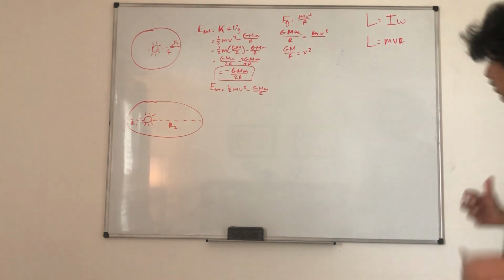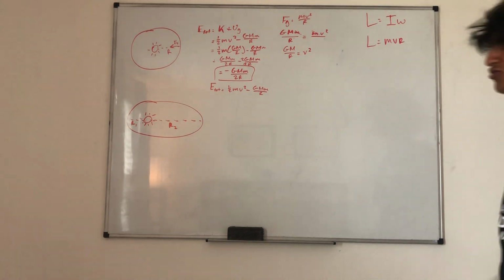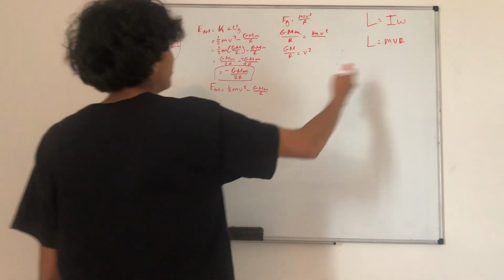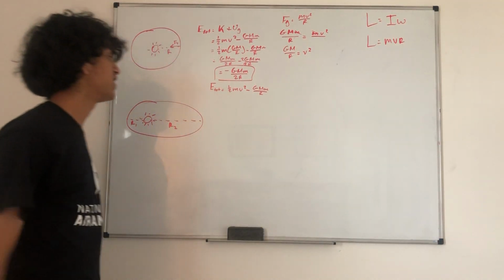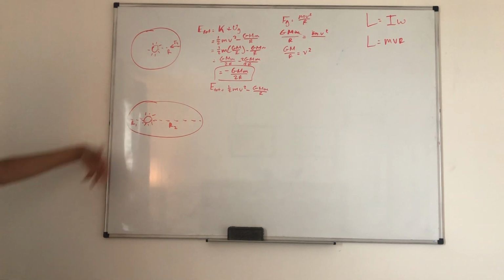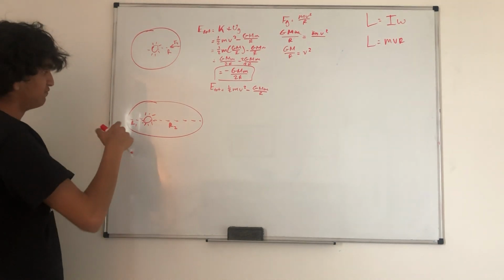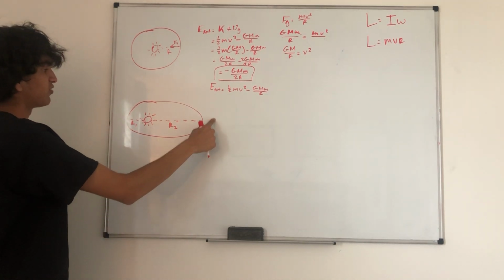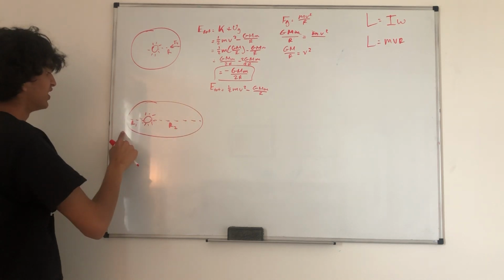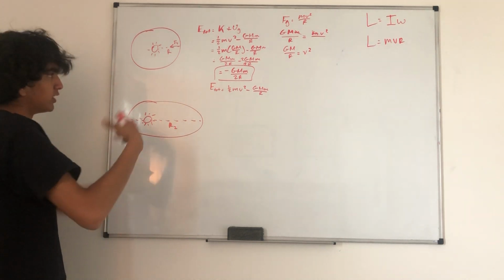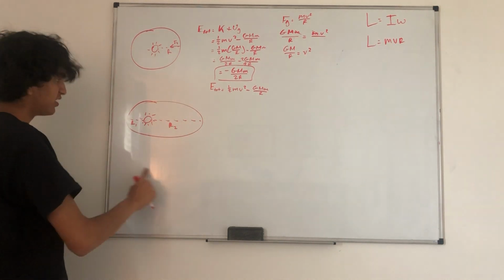So in both cases, angular momentum is conserved, which is pretty obvious in the circular case because in mvr, v is constant the entire time. But it's a little less obvious here, because it's going to slow down as it gets far away, and then speed up because the force is going to accelerate it, then slow down, speed up, slow down.